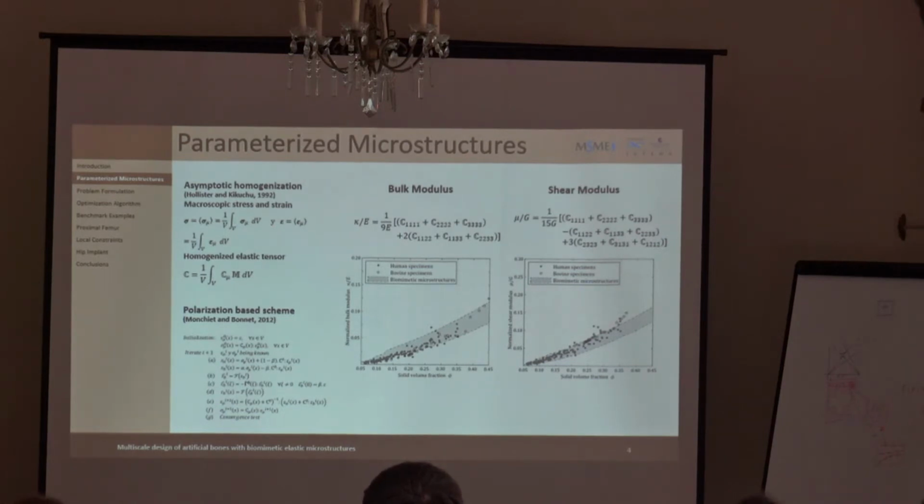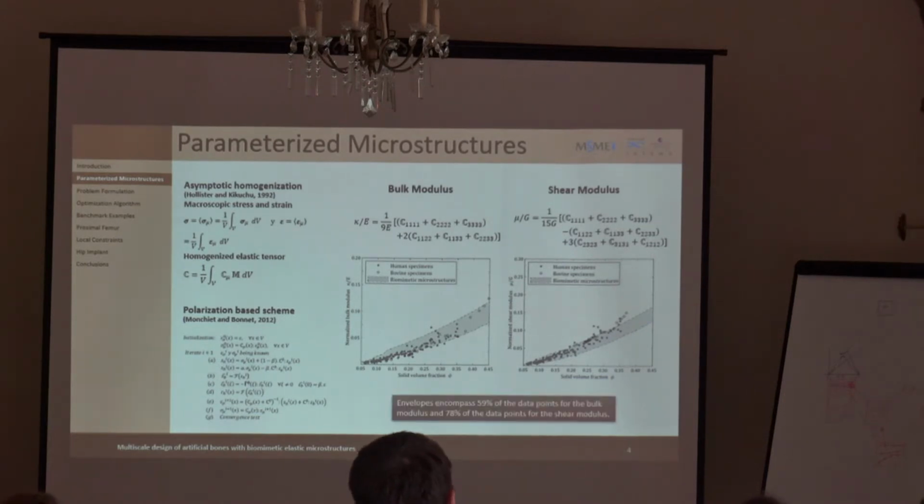So we compare the dimensionless bulk modulus and shear modulus in order to get rid of that problem. And we found that our artificial microstructures are able to encompass 59% of the bulk modulus data, the natural data that we had, and 78% of the shear modulus.